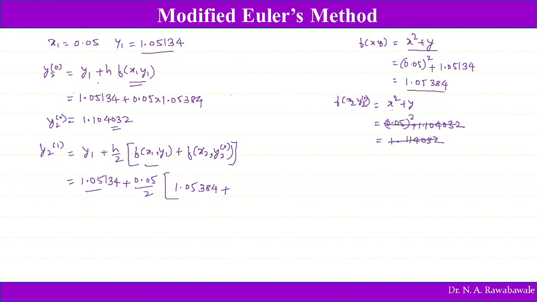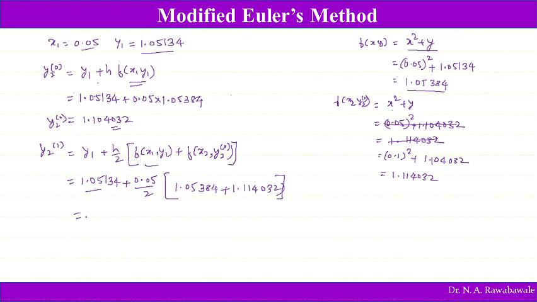The x2 value is 0.1; earlier the x1 value was 0.05. So 0.1 square plus the y2 value 1.104032.